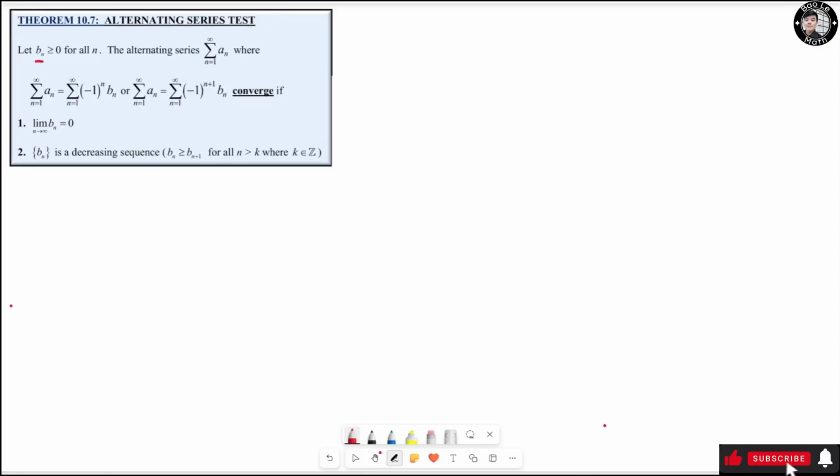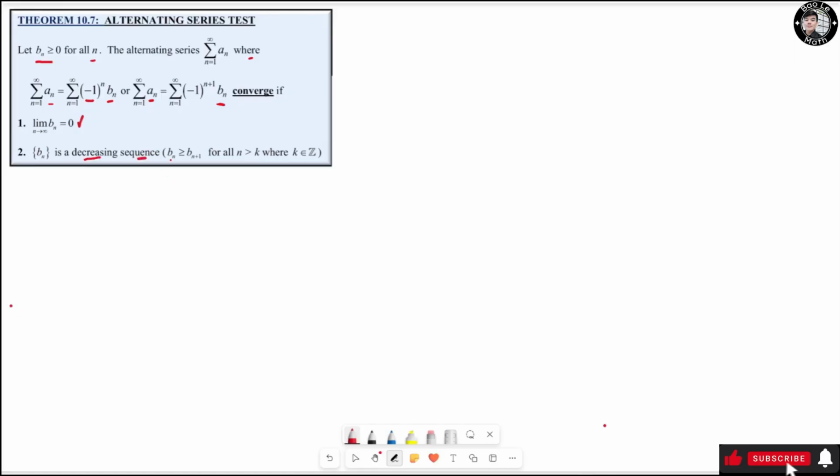Let b sub n be greater than or equal to 0 for all n. The alternating series a sub n, where a sub n equals (-1)^n times b sub n, or a sub n equals (-1)^(n+1) times b sub n, converges if the limit of b sub n as n approaches infinity equals 0, and the sequence b sub n is a decreasing sequence.